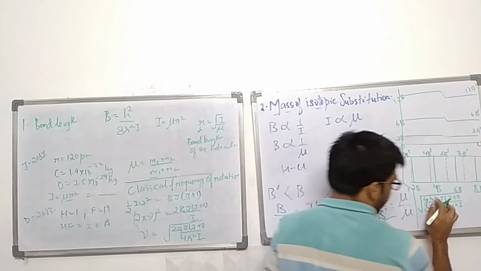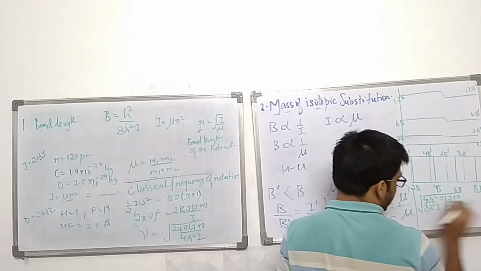So what do you have? You have h by 8 pi square I into h by 8 pi square I.